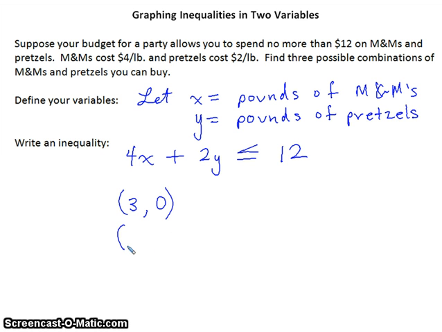Or I could have 2 pounds of M&Ms, and that would give me $8, and so I might have just 1 pound of pretzels, and I would still be within my budget. Think about 2 other possible combinations and write those on your paper.